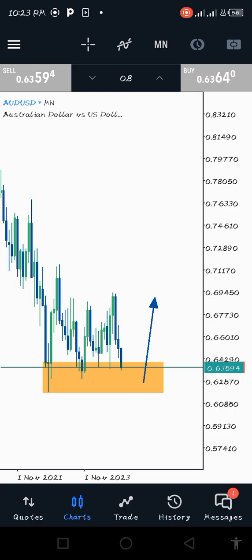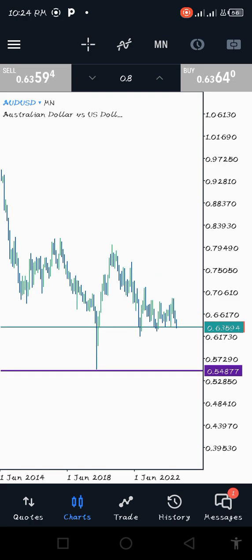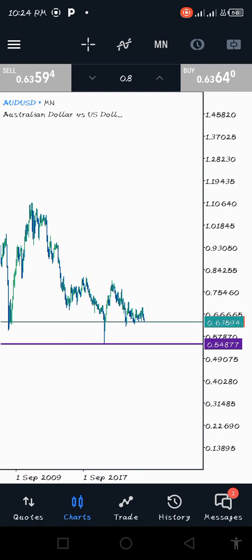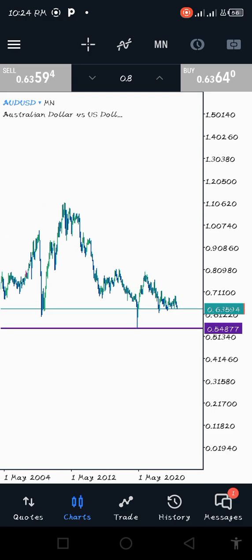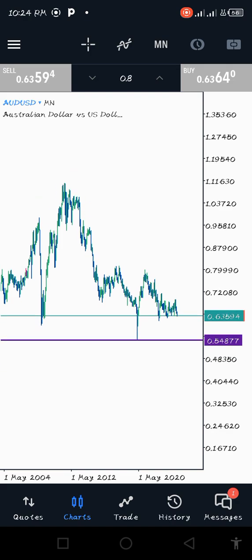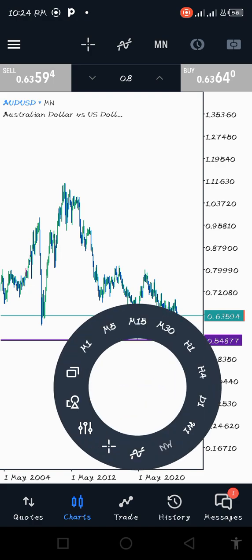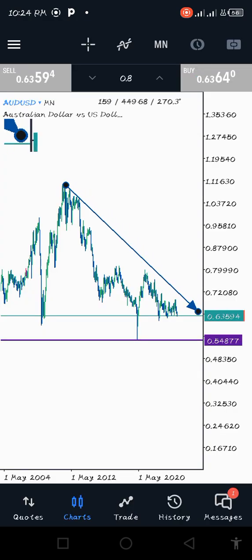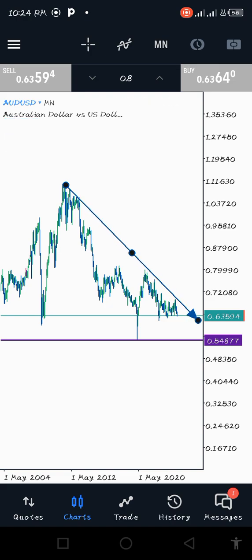This is top-down analysis. We can delete this and move. So we are on the monthly time frame. What are we expecting on this pair? From the overall direction, from what we can see on the monthly time frame, this pair is pushing down basically.